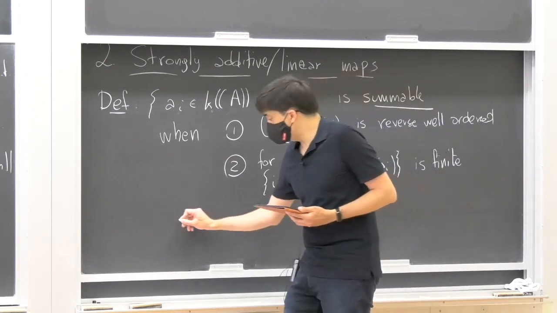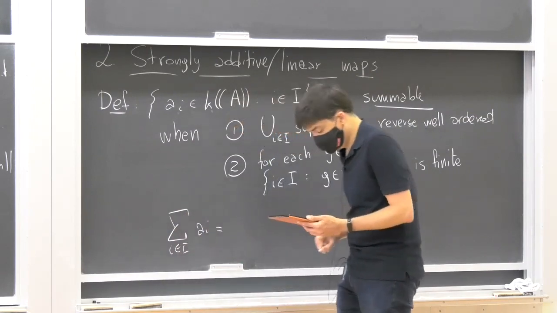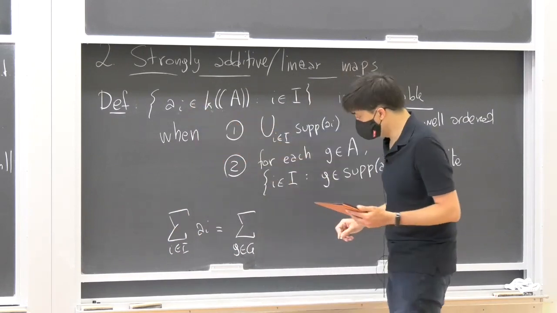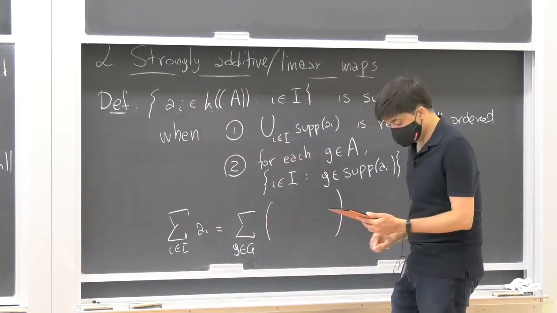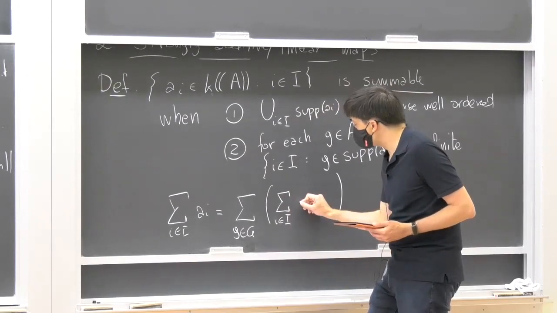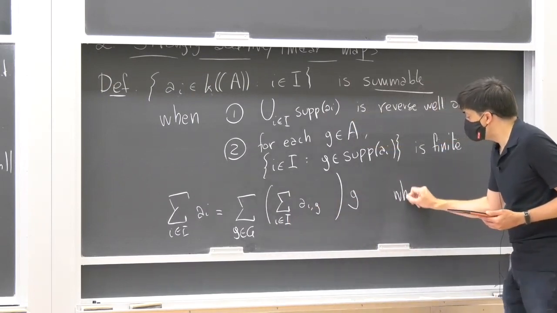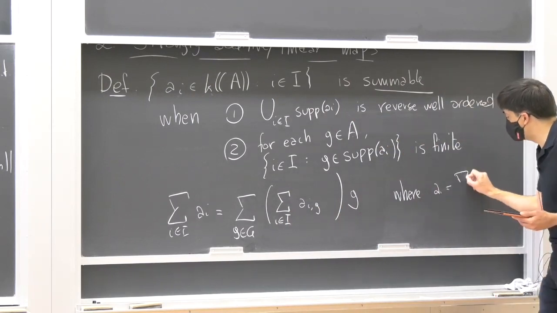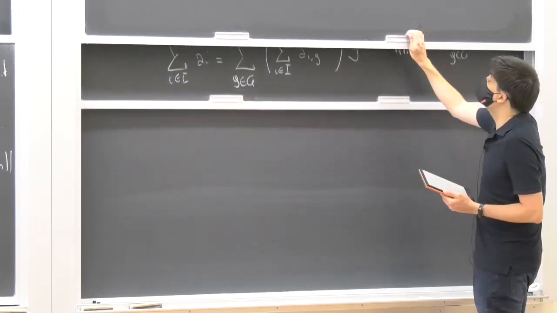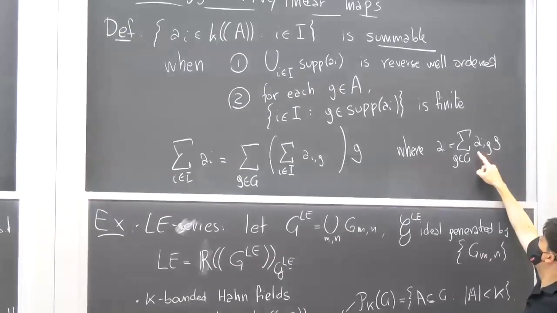So when we have these two conditions, then we define the sum of the a_i to be the sum over g in G of the sum over i in I of a_{i,g}, times g, where each a_i itself is written in this way, as a sum with these coefficients over g.